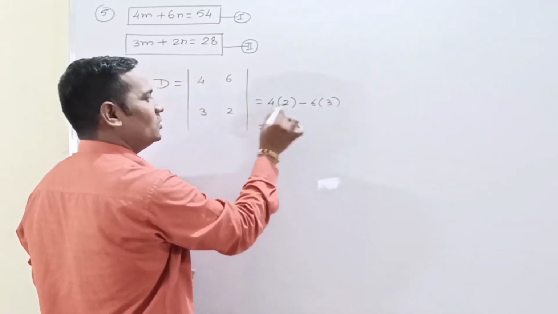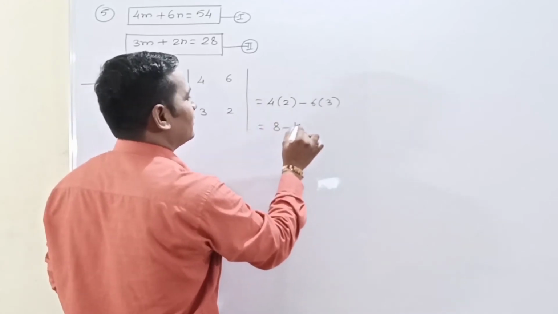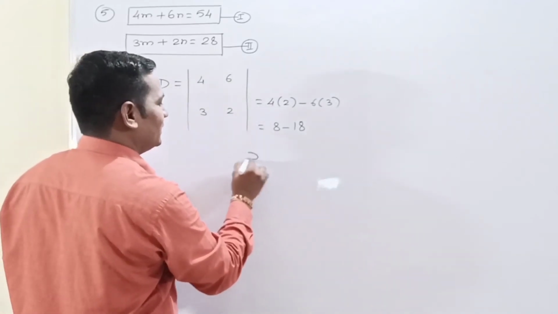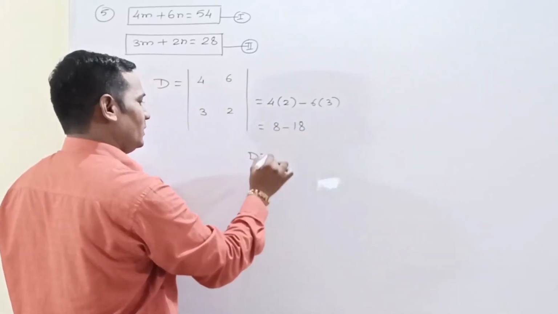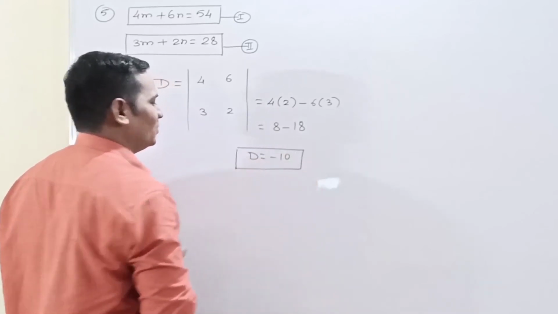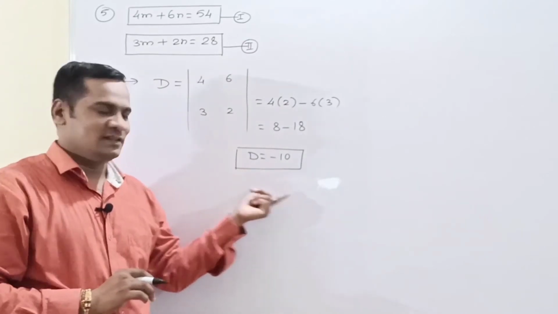So this will be 4 2s are 8 minus 6 3s are 18. So the answer will be D is equal to minus 10. Okay, here we got the first value of D.